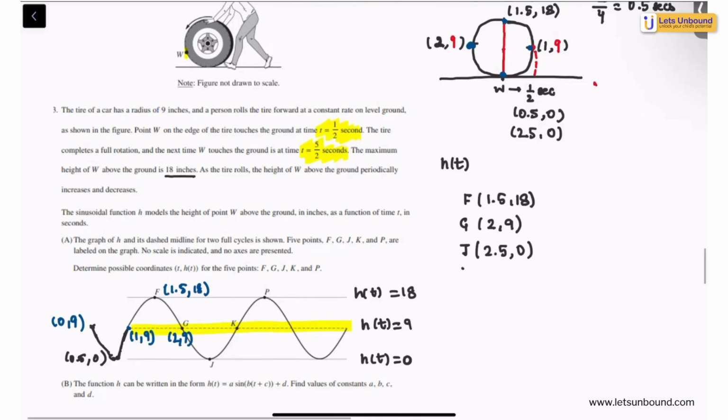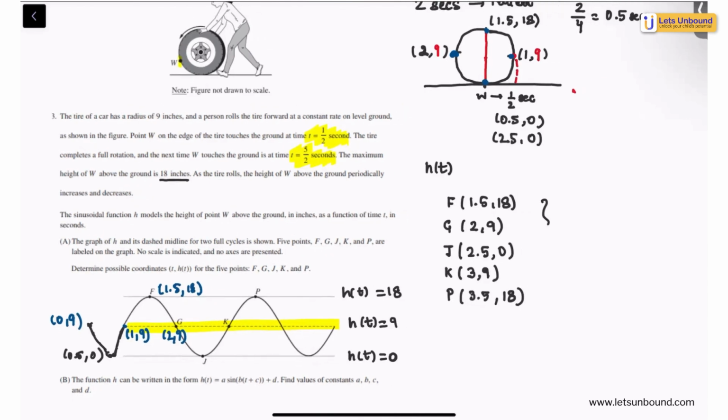Then the point K is after another 0.5 seconds, which is 3 seconds, and since it's on the dashed line it is 9. Point P is again after 0.5 seconds, which is 3.5, and it gives the maximum value, which is 18. So these are our points of reference which have been given in the graph, which we can label by understanding the cycle of the rotation of the tire.